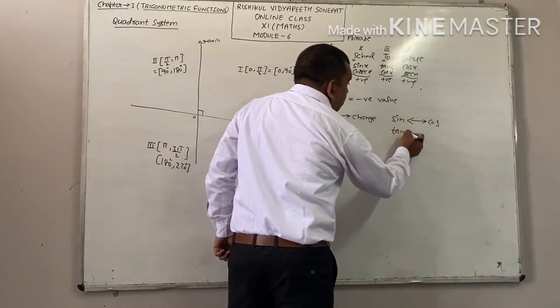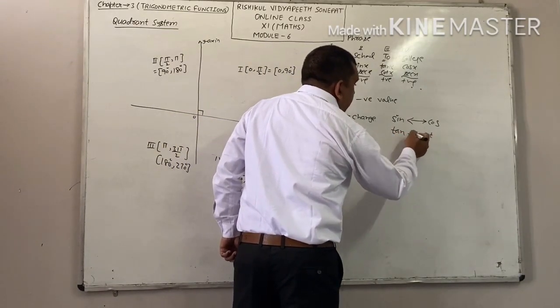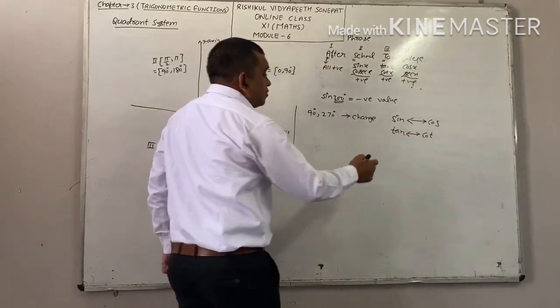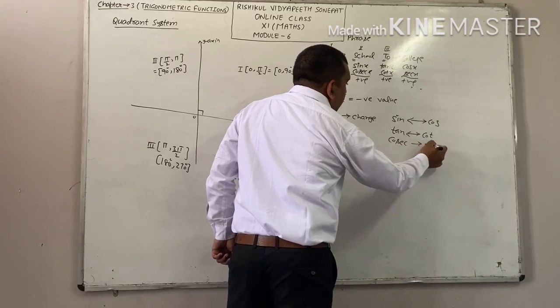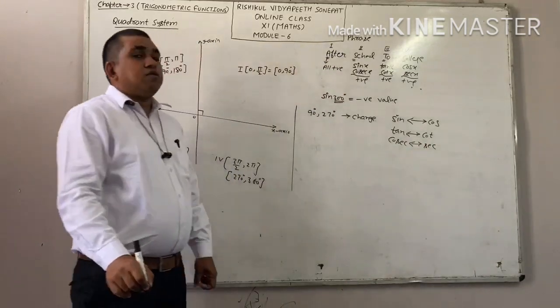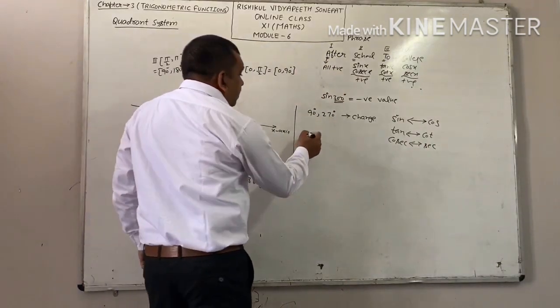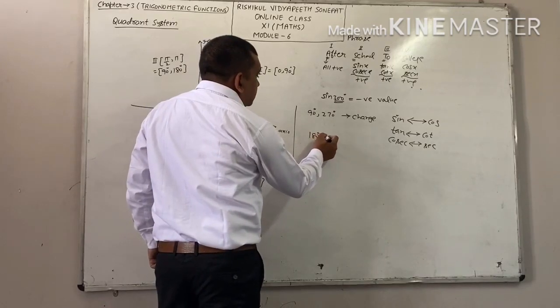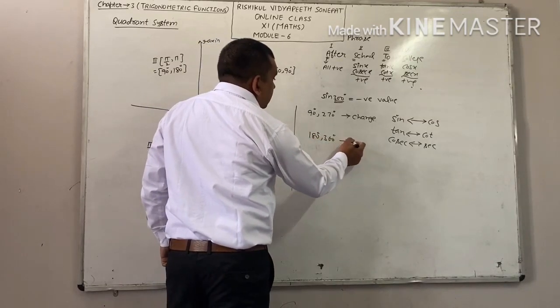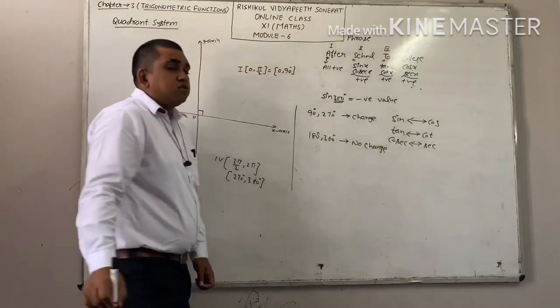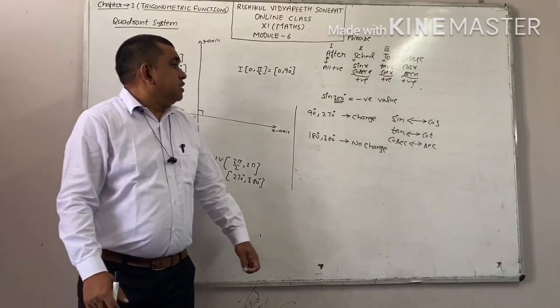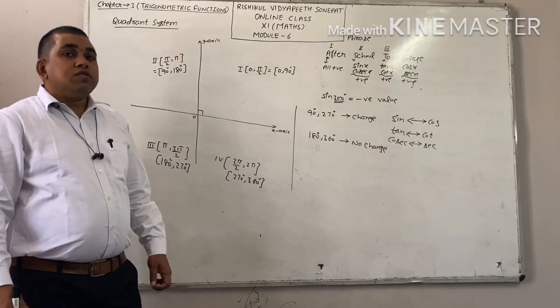Tangent will convert into cot, and cot will convert into tangent. Cosecant will convert into secant, and secant will convert into cosecant. When 180 degree and 360 degree come, then you will say no change. Sine will remain sine, cos will remain cos, tangent will remain tangent. There will be no change.